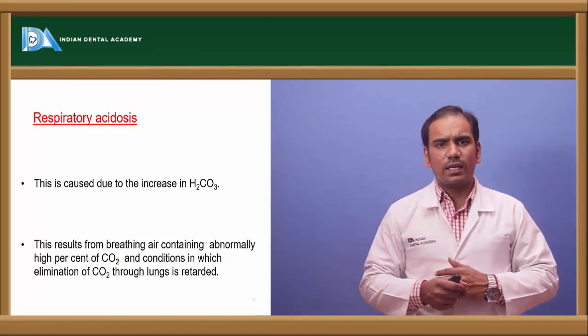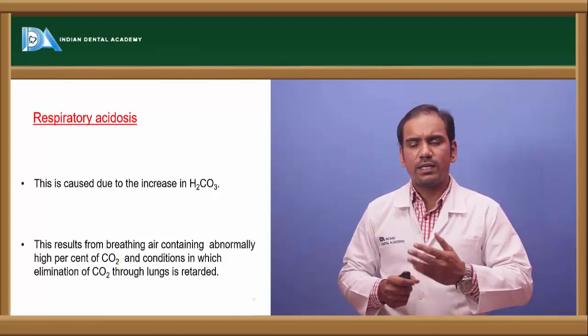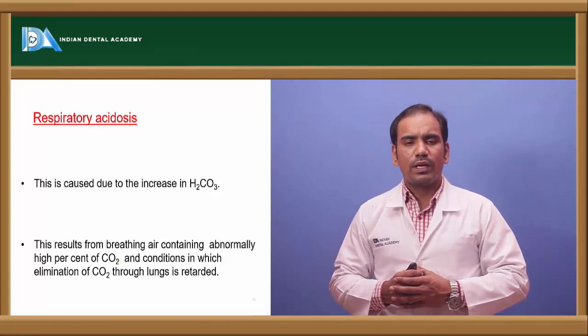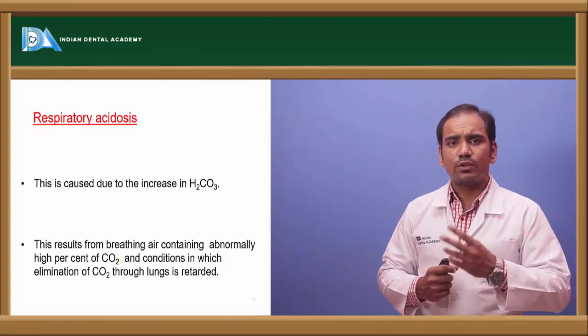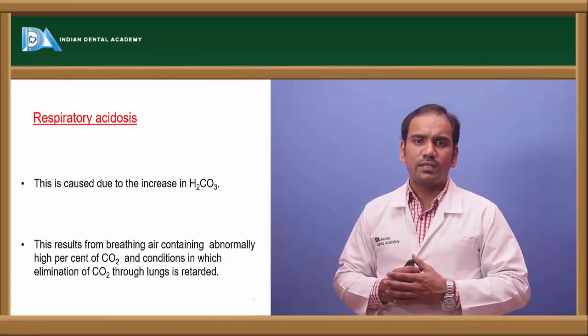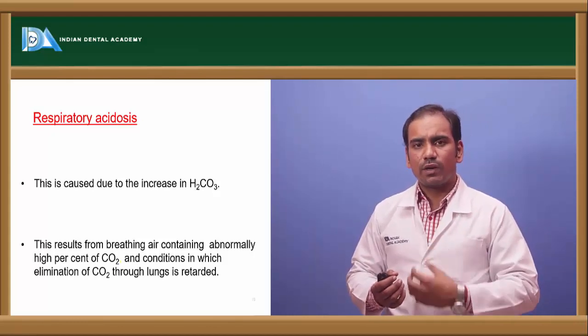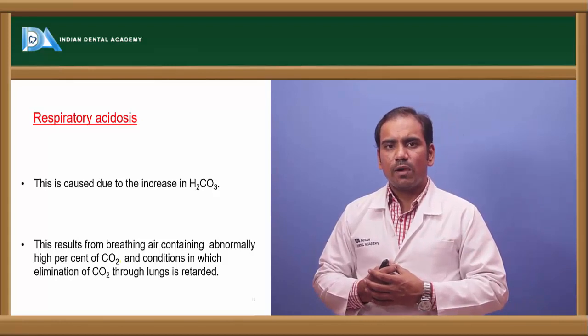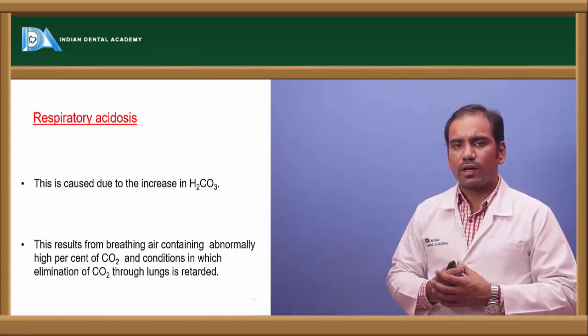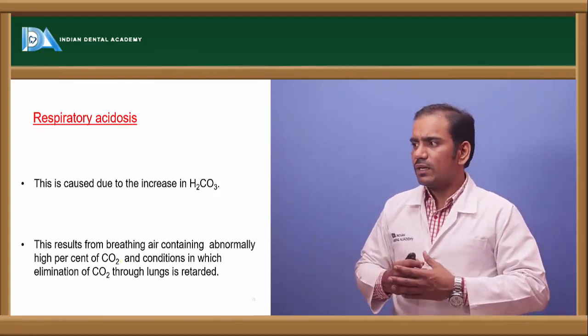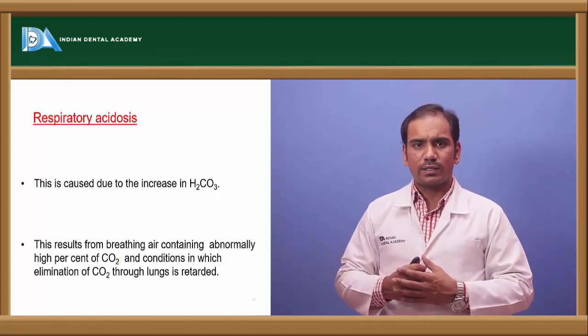So why is there excess of carbonic acid? Why is it increased? We can discuss that under two headings. Whenever there is excess intake or retention of carbon dioxide in the body, that leads to an excess amount of carbonic acid, and whenever there is difficulty in the elimination of carbon dioxide.